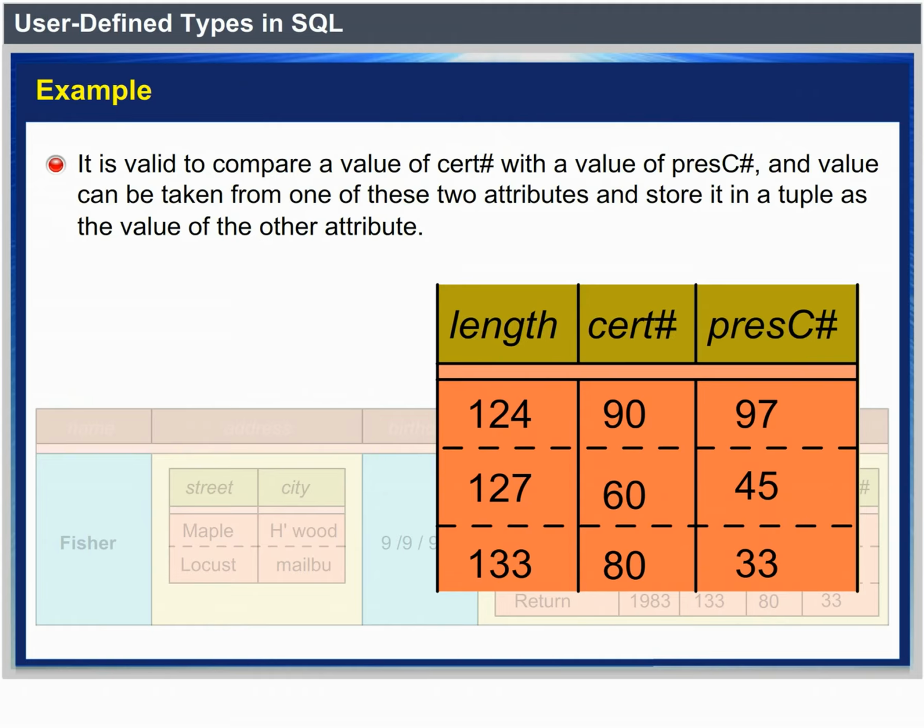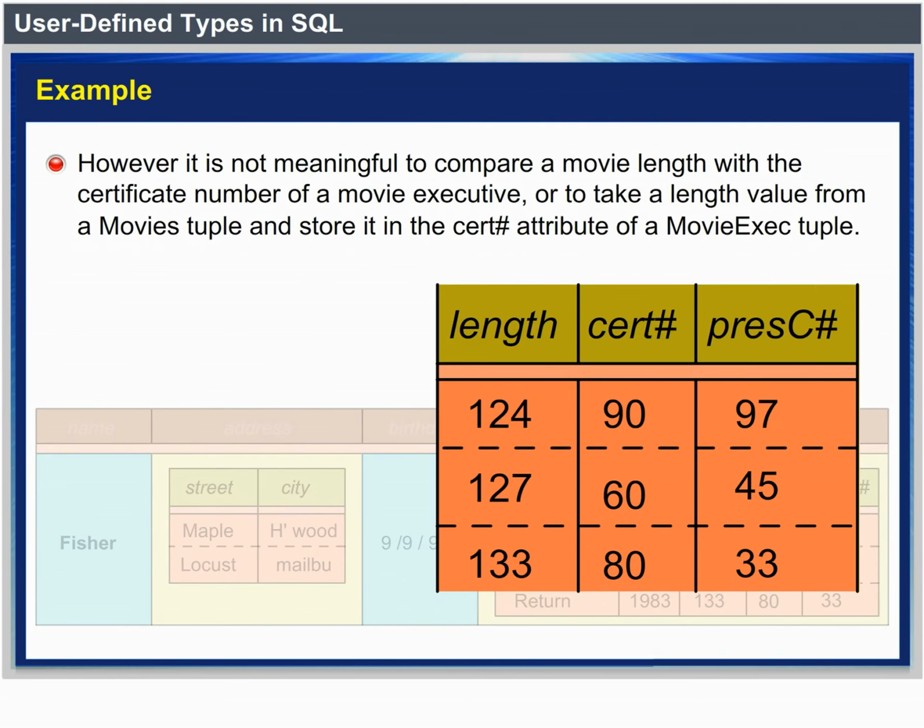However, it would not make sense to compare a movie length with the certificate number of a movie executive, or to take a length value from a movie's tuple and store it in the cert# attribute of a movieExec tuple.